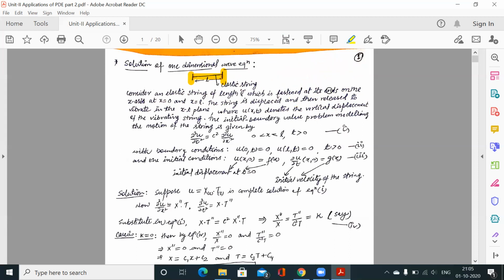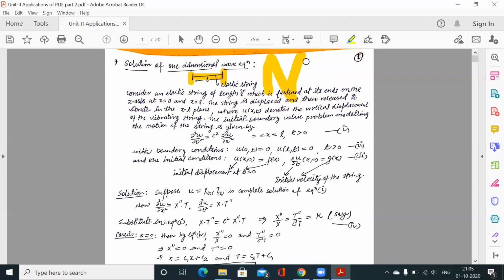So this is a function of two variables. The vibration can be measured in terms of x and t. When you move from this point to this point along the length, the vibrations would be different. Similarly, when time passes the vibration will again be of a different type.